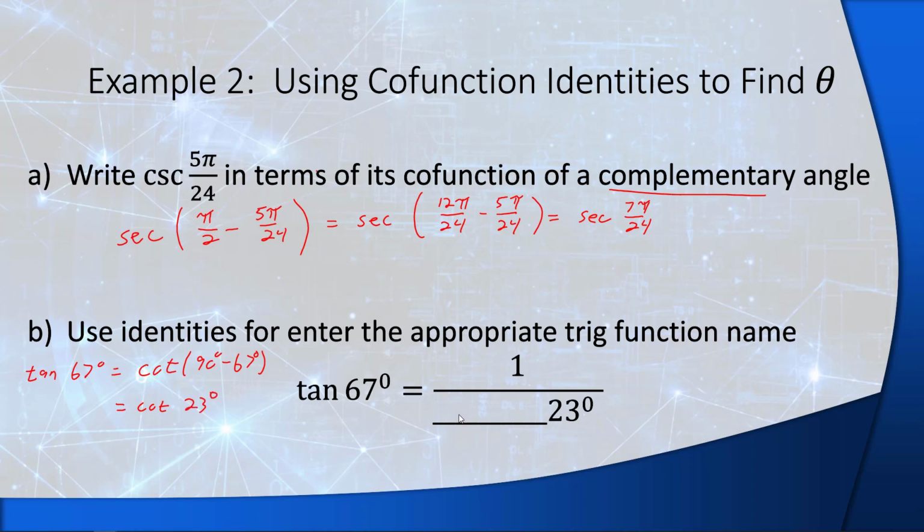We have something in the denominator here, so we need to use the reciprocal identity, and the reciprocal of cotangent is tangent. So this will be equal to 1 over tangent of 23. And what does that tell us? That means we want to put in tangent down here.